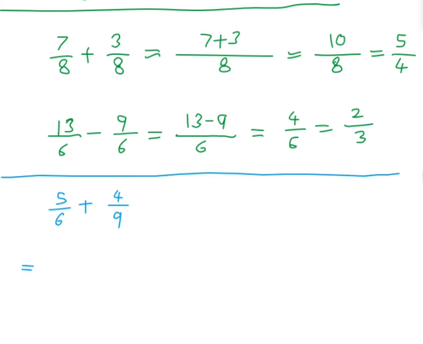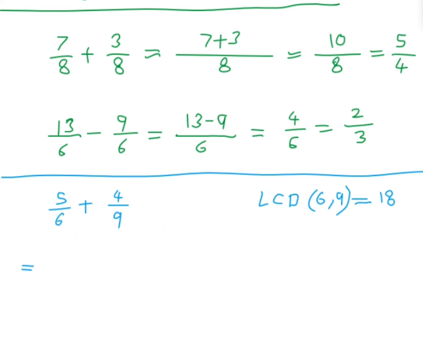First we have to make the same denominator. For making it, we have to take the least common denominator, LCD, of 6 and 9, which is 18. So here we have to make the denominator 18.